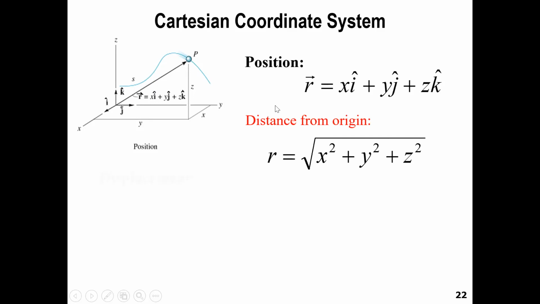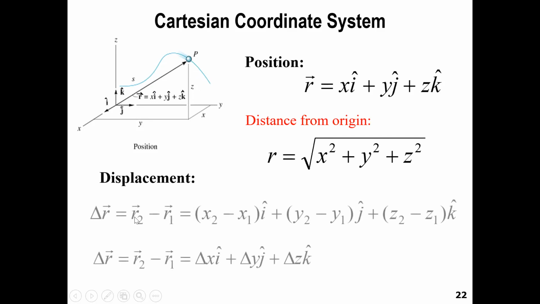So to get the displacement, you go from point 1 to point 2. Your position vector is going to be R1, and the final is going to be R2. So you're going to get X1, Y1, Z1 for R1, X2, Y2, Z2 for R2. And then if you subtract them, this is what you're going to get.